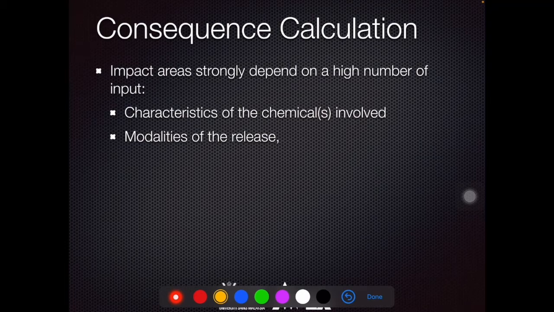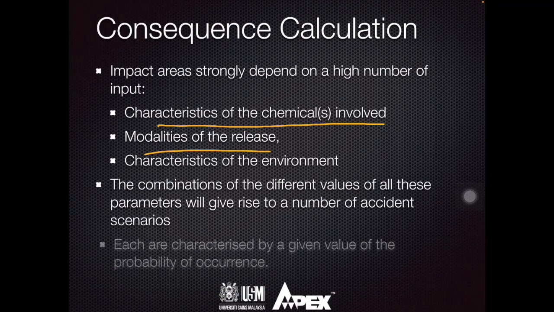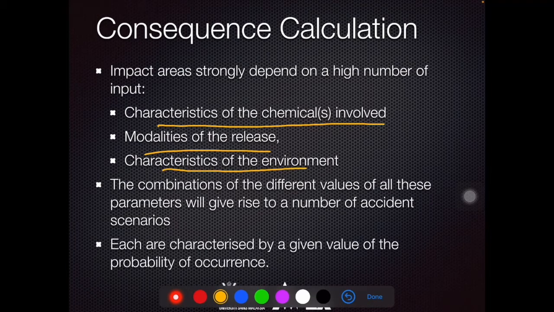It includes the characteristics of the chemicals involved, the modalities of the release, and the characteristics of the current environmental conditions. The combination of the different values of all these parameters will give rise to a number of accident scenarios that can happen.